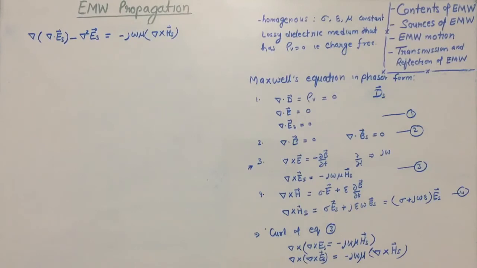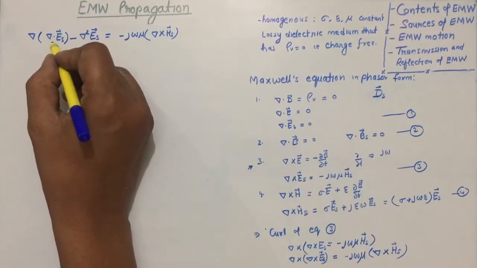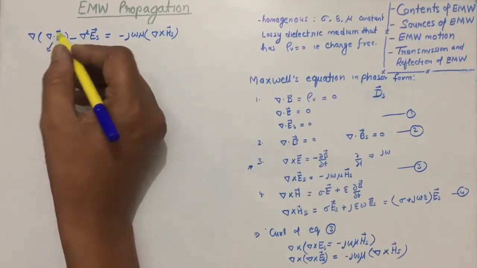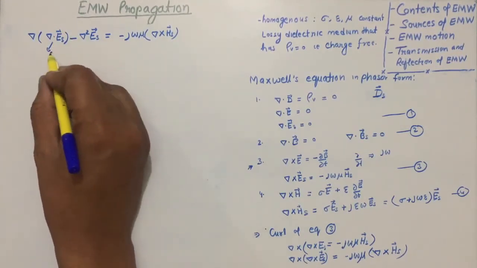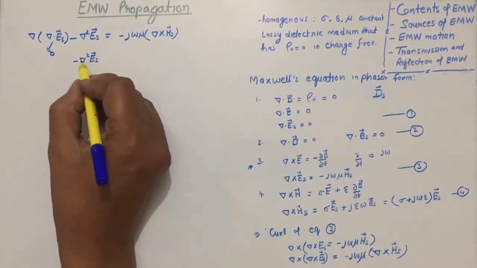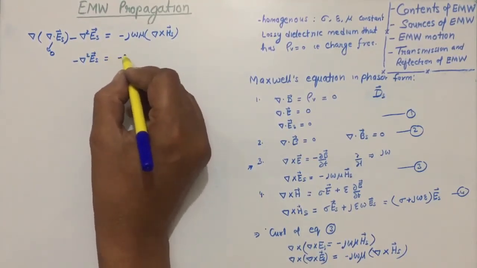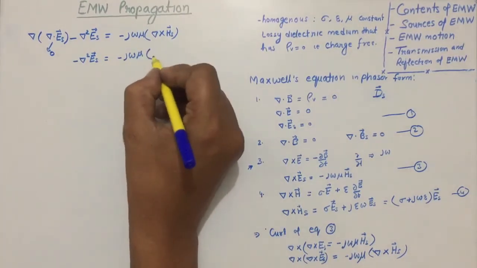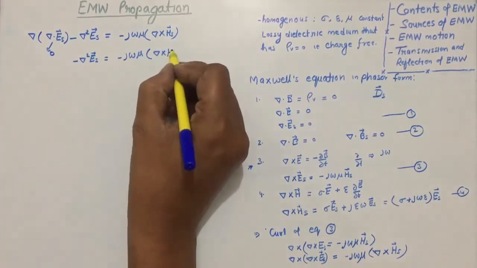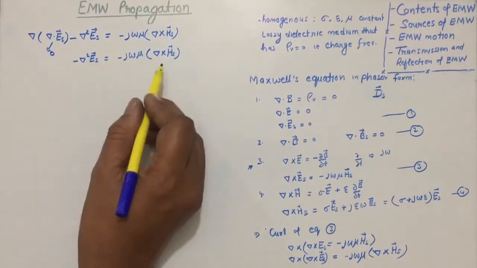We have this relationship, and from equation 1, according to the assumption, del dot E is 0. So the remaining terms will be minus del square Es, and recall from unit 1, this is the Laplacian, so keep it in mind, and minus j omega mu del cross the phasor form of H. We have this, and still we find that the relationship is between Es and Hs.